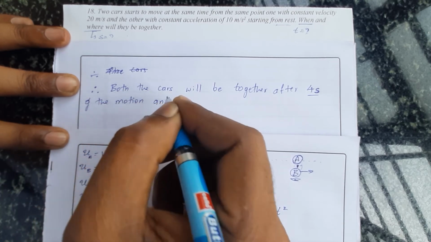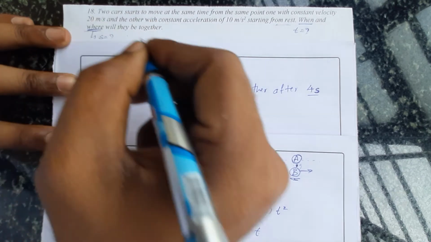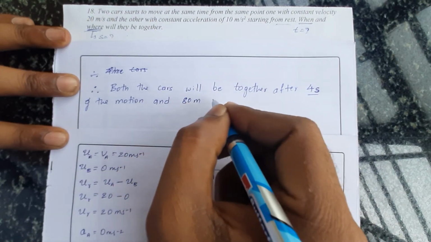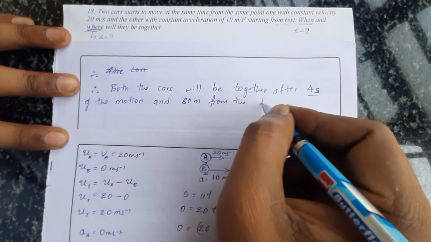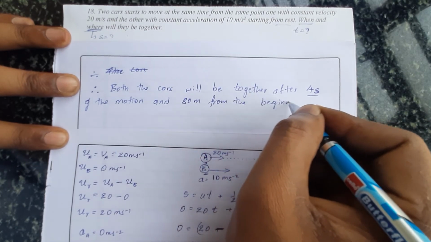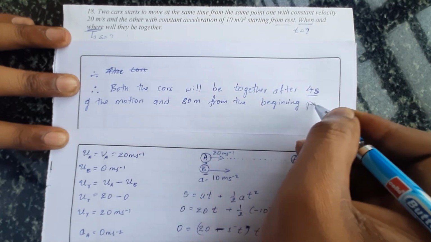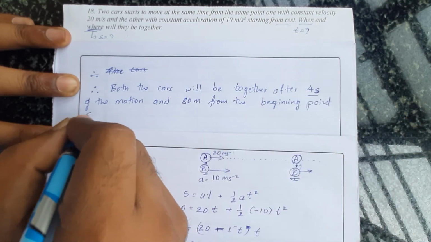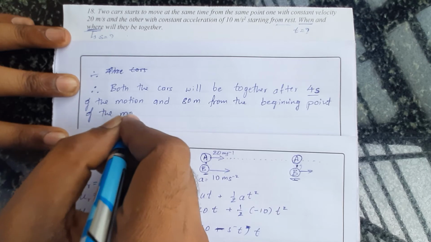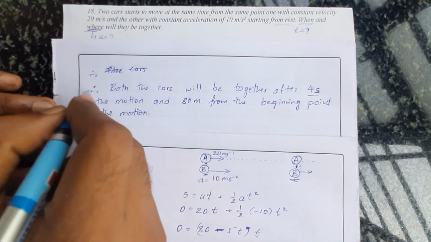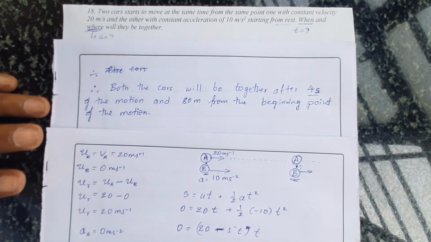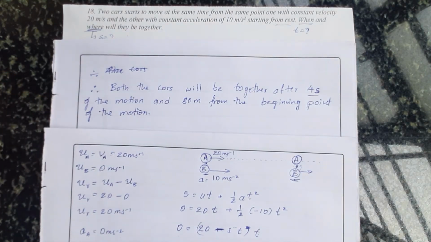And for the question where: 80 meter from the beginning point of the motion. So this is how you should write the final answer, and hence you will get the complete mark, 5 marks for this question in the board examination.